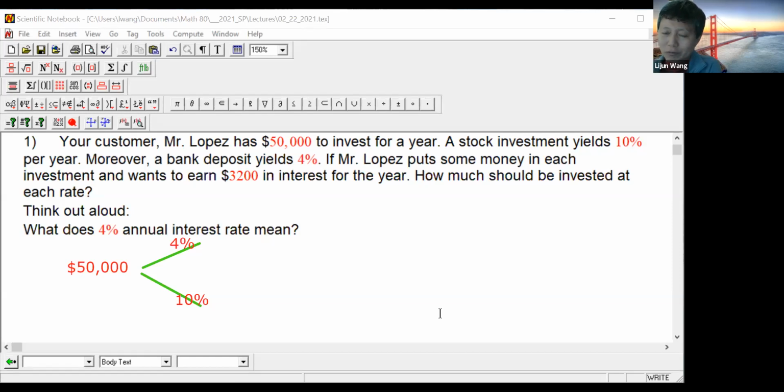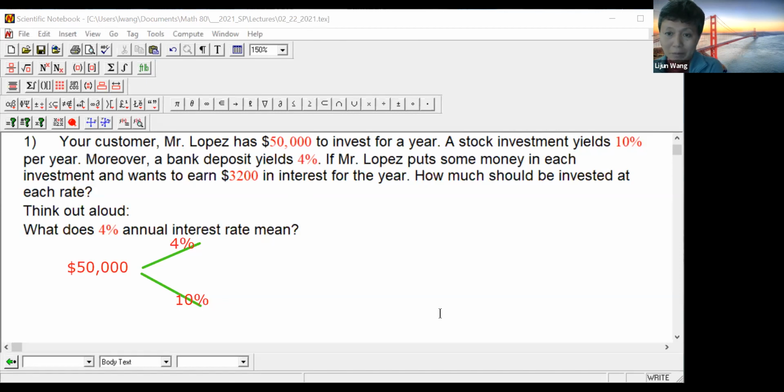Would it be very straightforward for him just to put all 50,000 in the 10%? Could he do that? If you were in that position, do you think you might put all of the 50,000 in the 10%? I think some people might. But why doesn't Mr. Lopez do that?